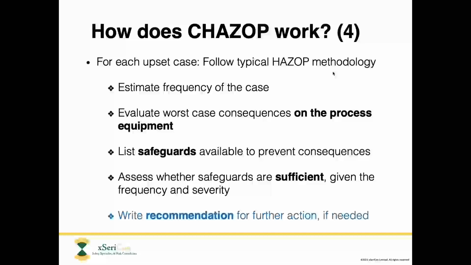And if it does, then that might prompt us to say, looks like we need to investigate this in more detail and try to assess whether that frequency is a reasonable guess, whether it's on the high side or even on the low side, to tell us whether this case merits further investigation. So that might be a recommendation arising from a case where you see there might be a concern, in this case, about the potential risk arising from that cause, if the frequency is not already well known.